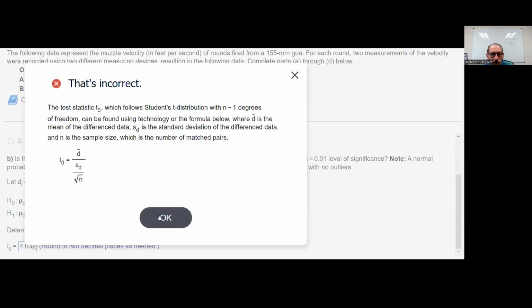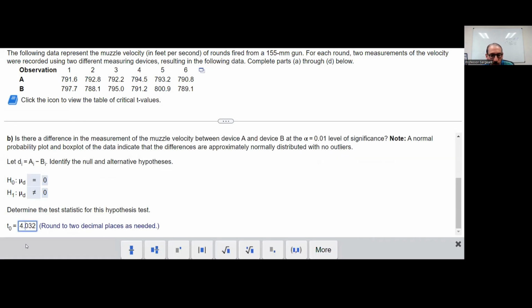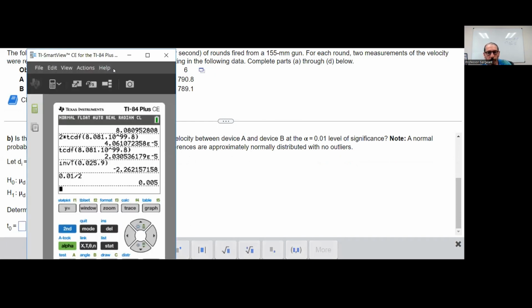Let me think for a moment. Oh, they did not want the critical T value. I thought they were asking us for the critical T value already. Okay, so that may be useful later, that we had 4.032. We need to first calculate the T based on our data.